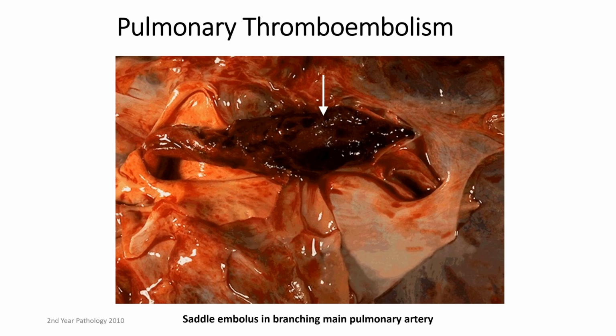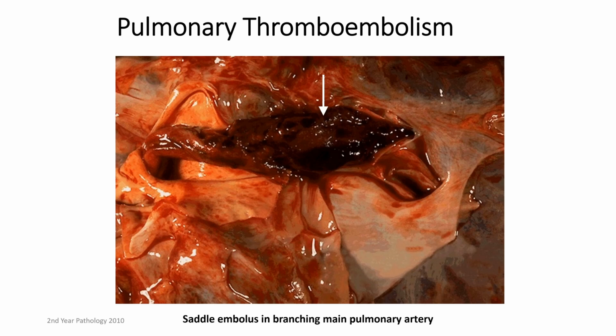At the branching of the main pulmonary artery, there's definitely room for alterations in blood flow, resulting in stasis and lodging of a thrombus.